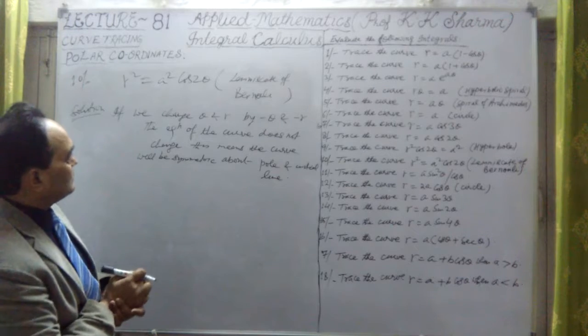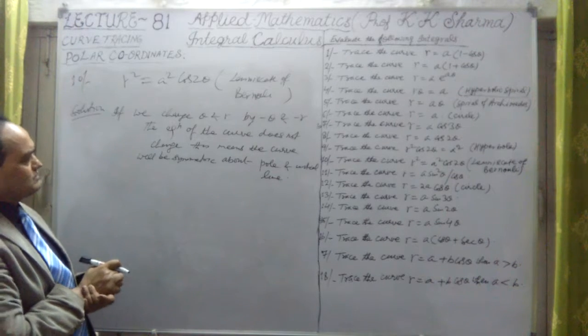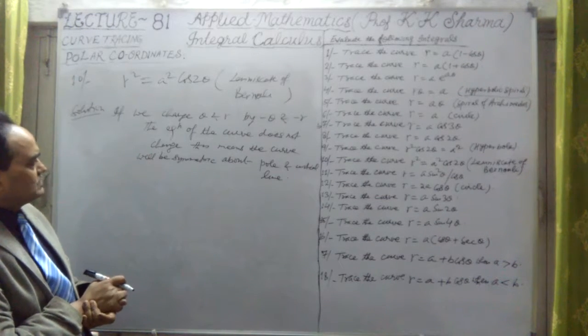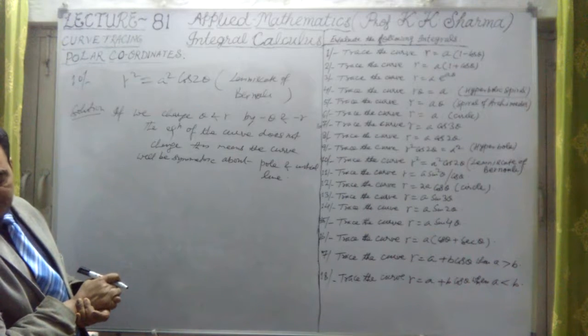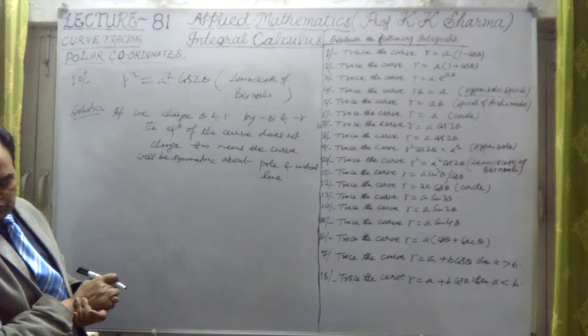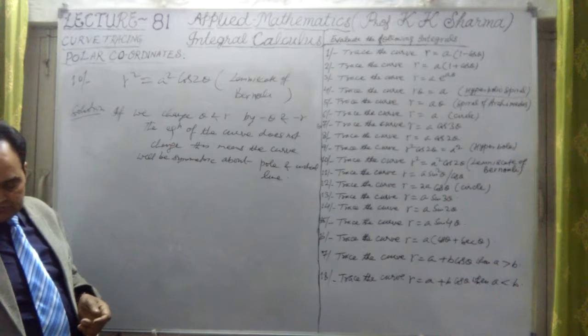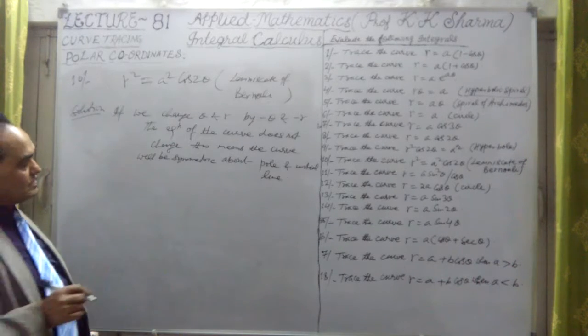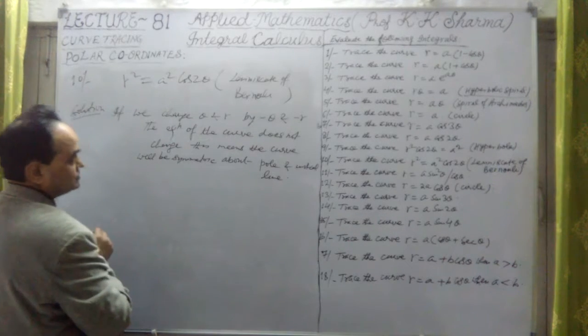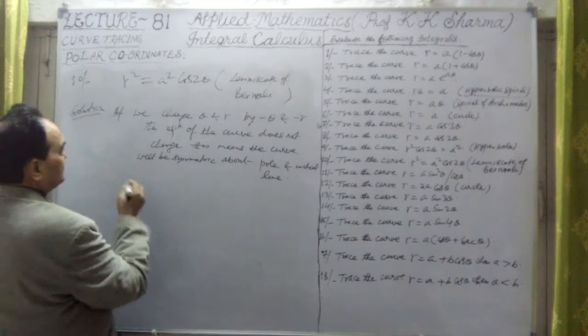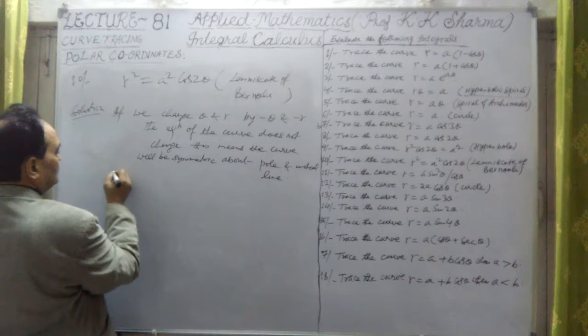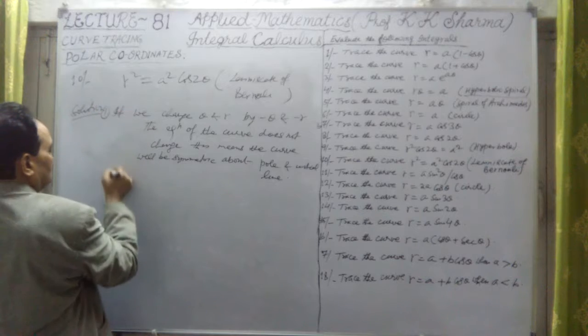Okay, so if I put r equal to 0, then we will find out the different values at which the tangents will be there. So that let me find out. Let me put here r equal to 0. This is the first point.